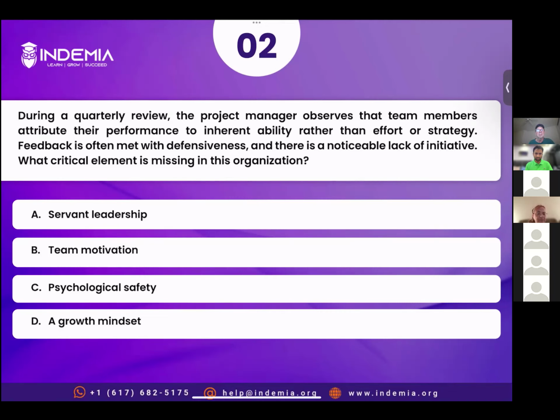That might be the reason that the team members do not dare to provide their initiative or do more efforts to share their own ideas. That's why I selected C, while I was in doubt with B as well. All right, thank you for detailed explanation.